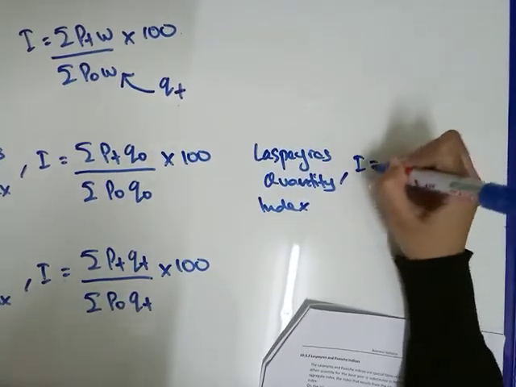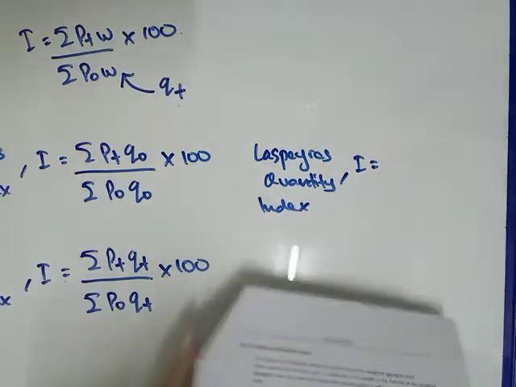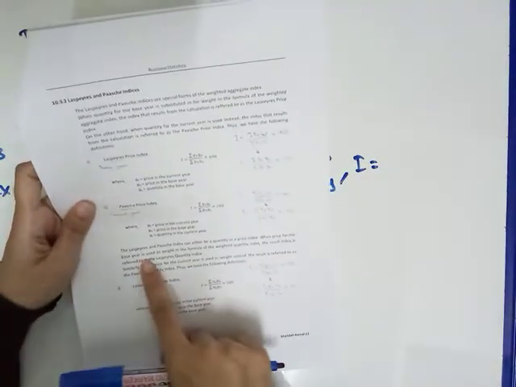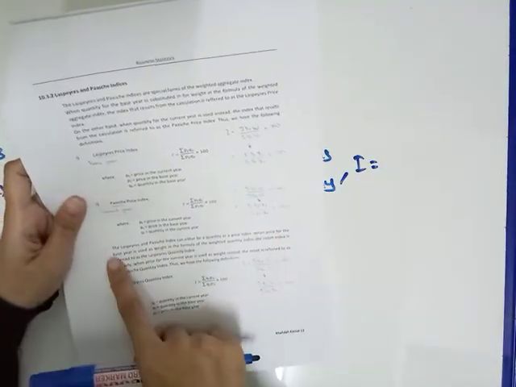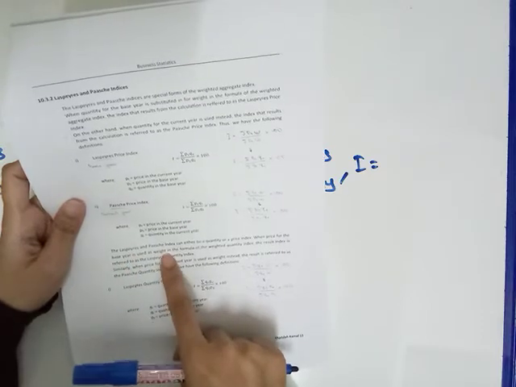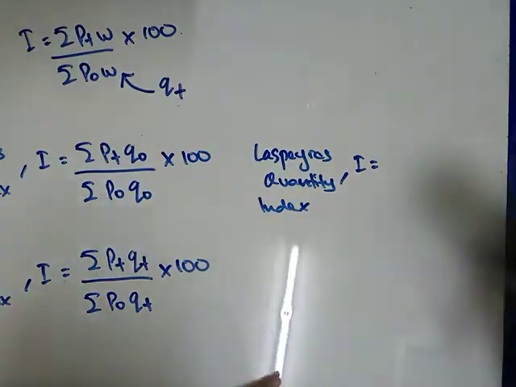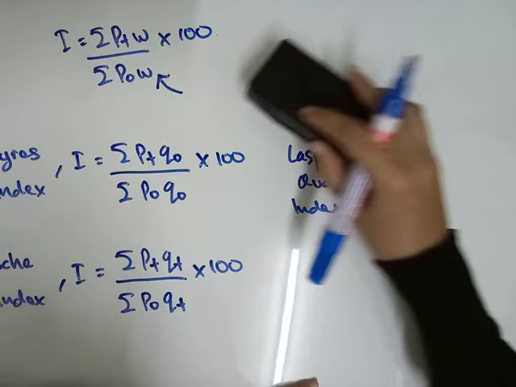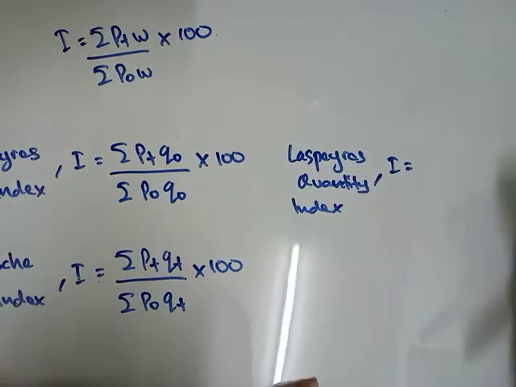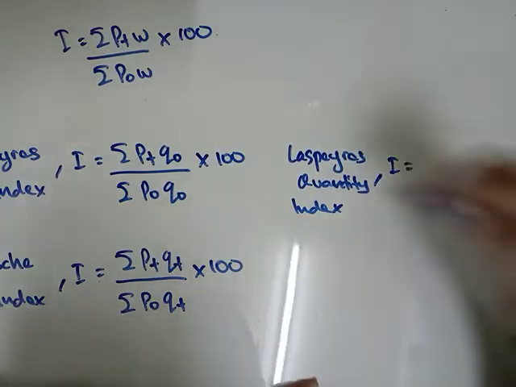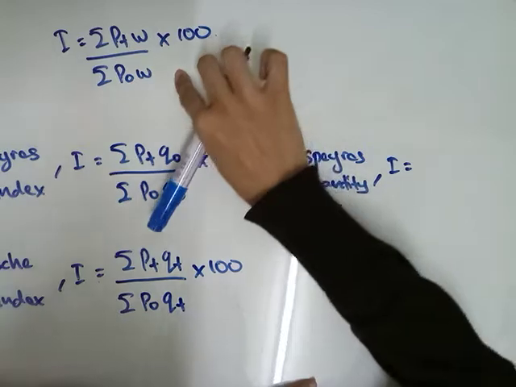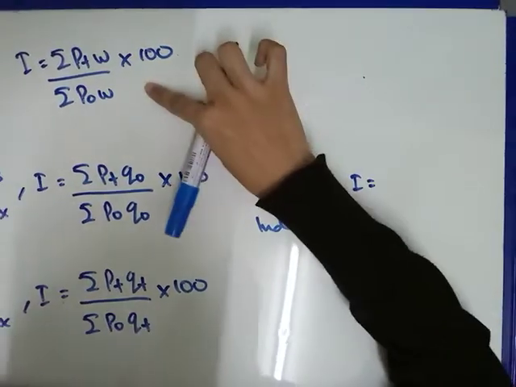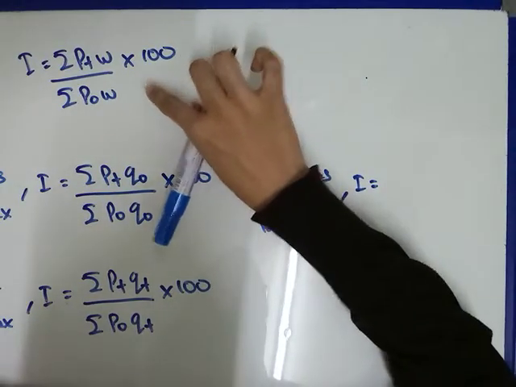So I equals to, apa dia? Dia beritahu apa? When price for the base year is used as weight, that means price of the base year, yang ni kita guna untuk price. Yang ni kita guna formula aggregate price index.